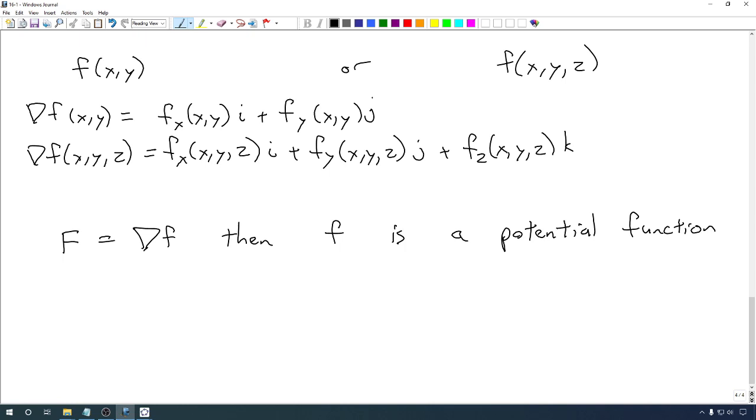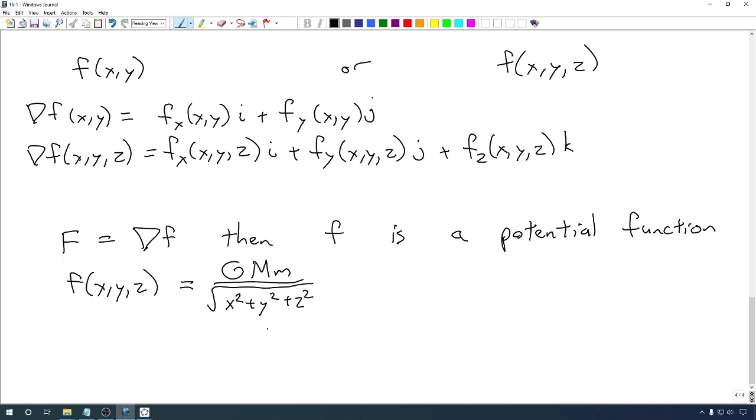These potential functions are actually pretty useful for applications. For example, if we look at the function f of x, y, z is equal to capital G m over the square root of x squared plus y squared plus z squared, this is actually a potential function for the gravitational field that we looked at before.